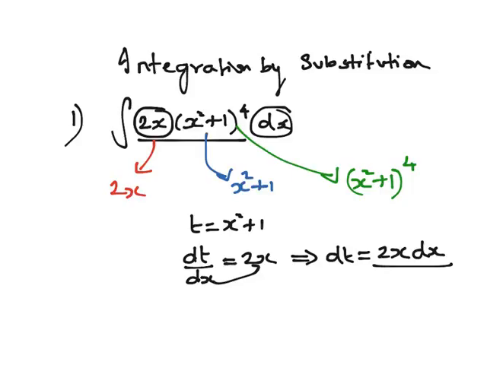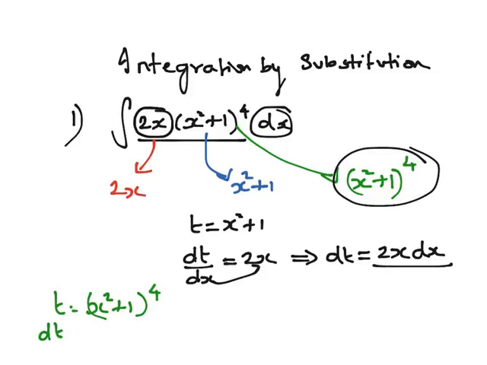Now what if I take this function as t? Let me show it to you. If I take t equal to (x squared plus 1) raised to 4, then dt will be, using the chain rule, 4 times (x squared plus 1) the whole cube multiplied with 2x dx.